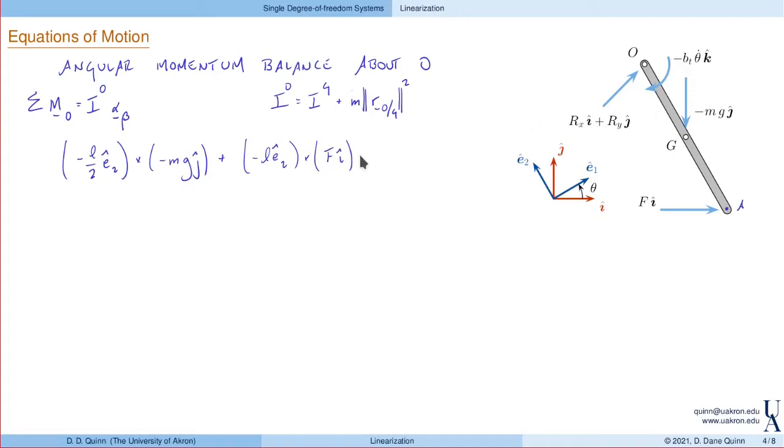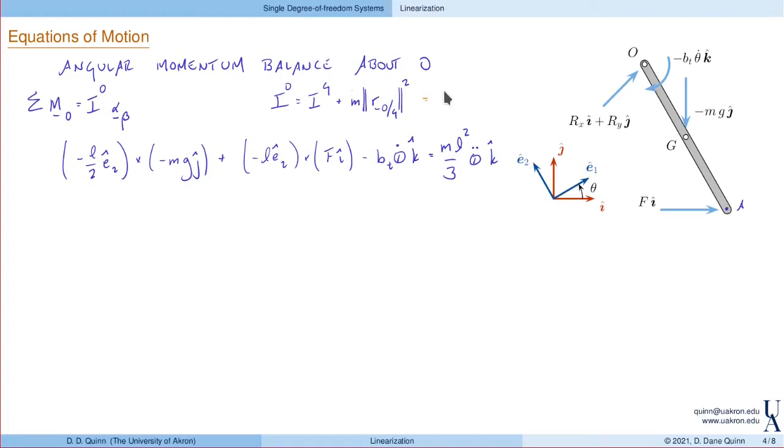Then we also have this torsional moment, so that's minus bt theta dot in the K direction, and this equals ml squared over 3 theta double dot in the K direction. Right? ml squared over 3 is the moment of inertia of a bar about the end.